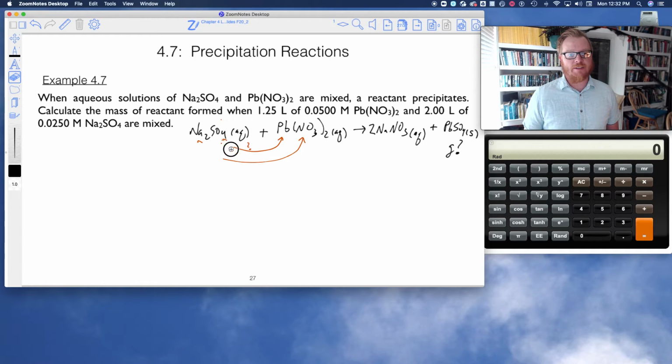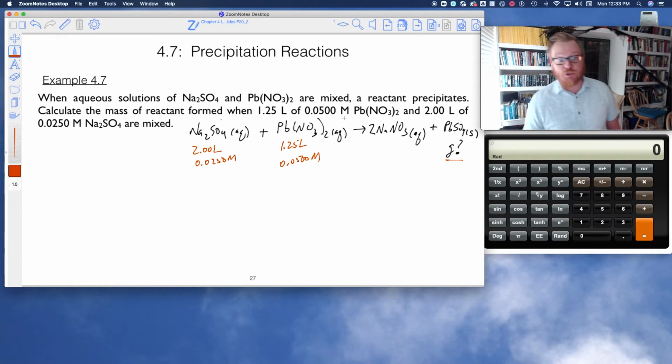So now I'm going to erase this red ink right here, because now I'm going to put different information there, to help guide my calculation. This is what I'm trying to do. I'm trying to get to grams of lead sulfate, and I know that I have 1.25 liters of a 0.0500 molar solution of this, and 2.00 liters of a 0.250 molar solution of this.